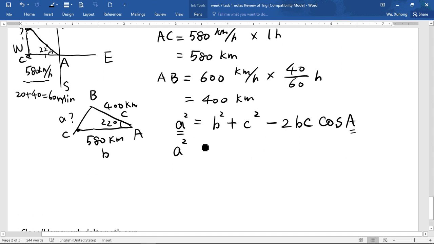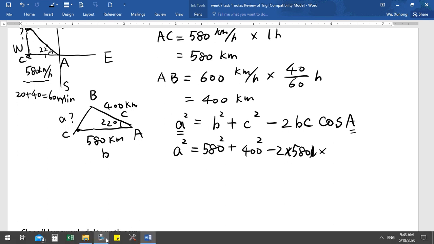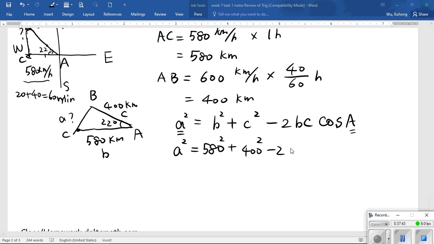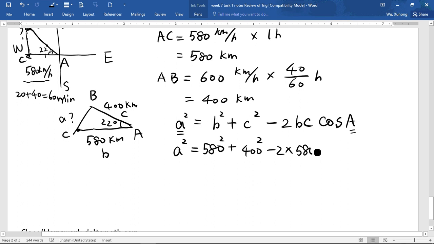Subbing in the given information, side B is 580, side C is 400, minus 2 times 580 times 400, then times cosine 22 degrees.